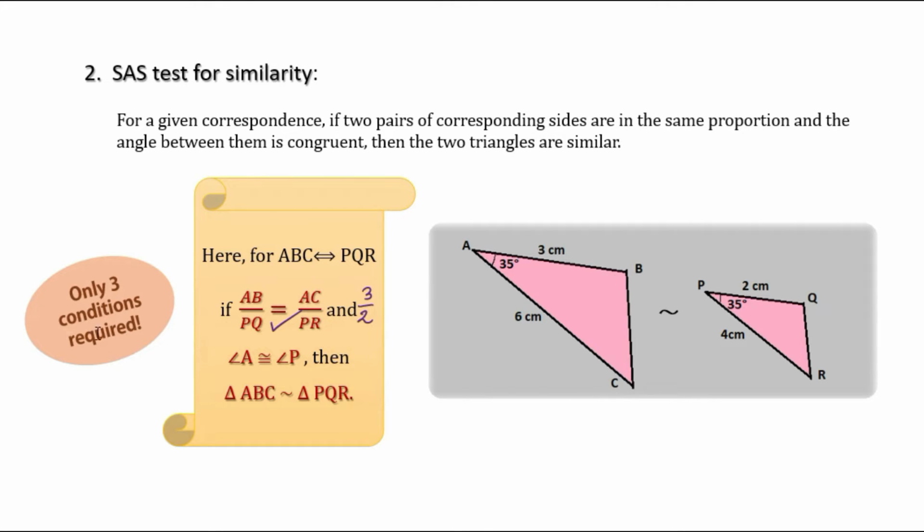Hence, this is a three-condition case. So the SAS test requires two sides and one angle made by these two sides to be congruent with the same sides and same angle of another triangle. That's it. This is the SAS test for similarity.